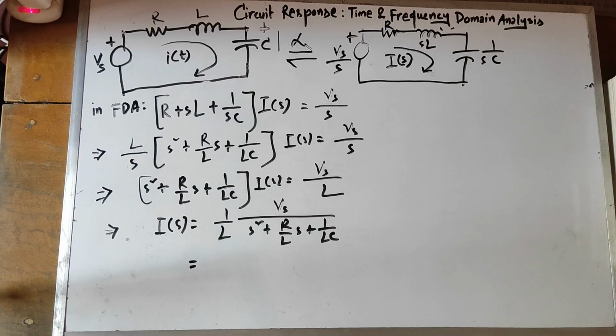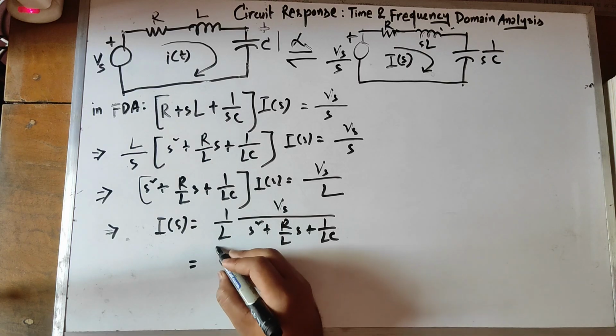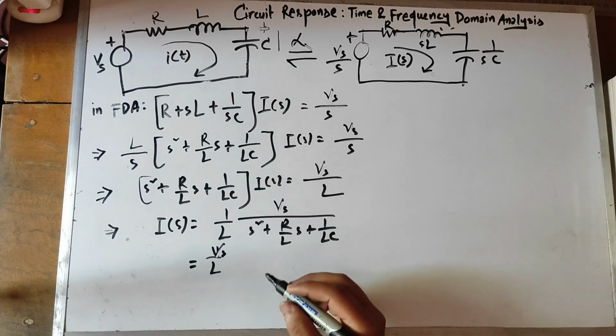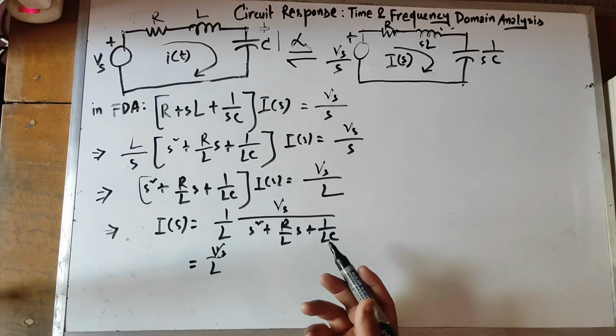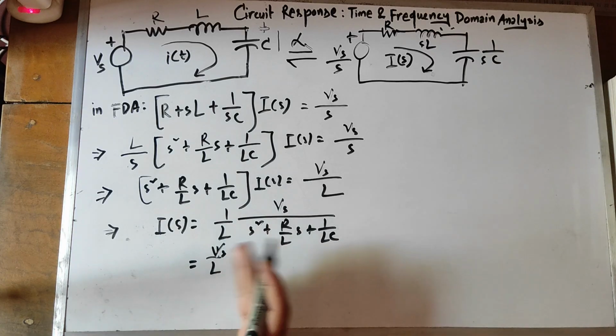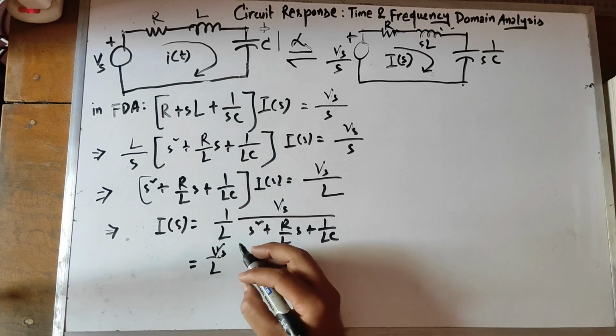In this video I'm just gonna apply all the equations and go for a shortcut. Here, if I take the Vs out, this is just a DC value, it doesn't have S in it, so it is not a function of frequency. So I will take Vs by L out.